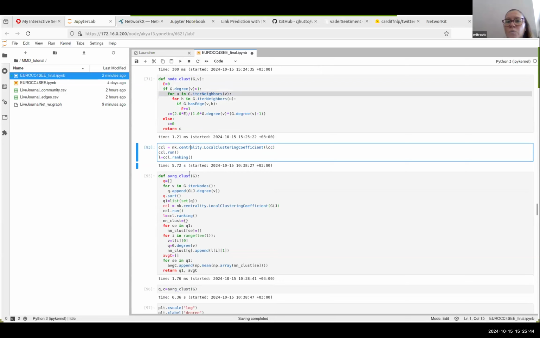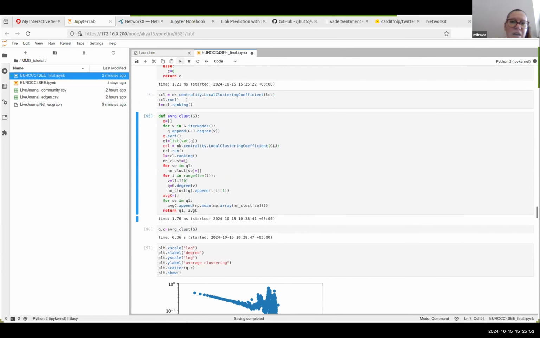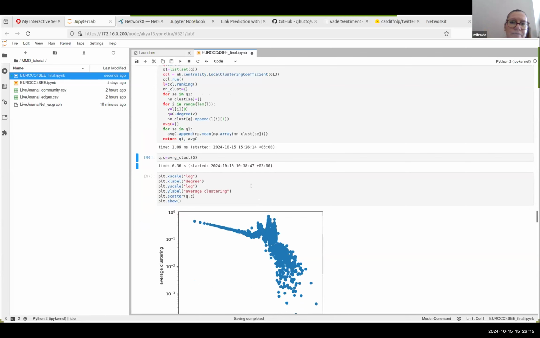But we also want to calculate the average clustering of all nodes of a specific degree. And this we will do using this function, which I already wrote. Basically, we calculate the clustering of each node. We know the degree of that node, and then we use all nodes that have a certain degree, calculate their average clustering coefficient, and then plot this on a graph.